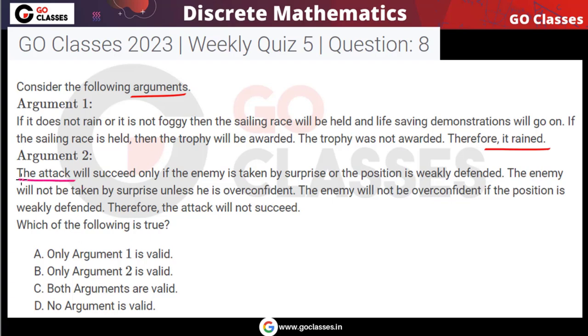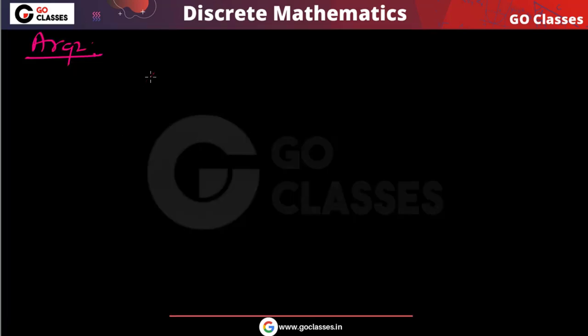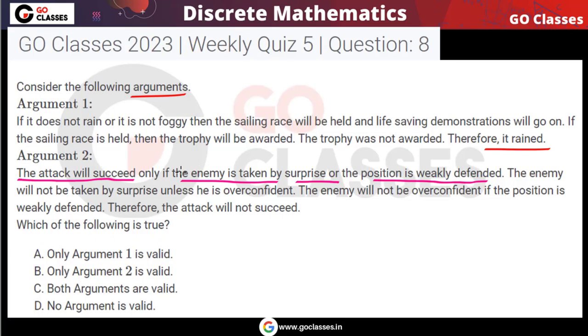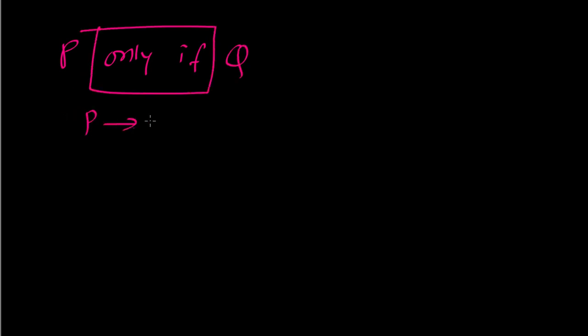The attack will succeed only if the enemy is taken by surprise or the position is weakly defended. We have already seen that p only if q simply means p implies q.